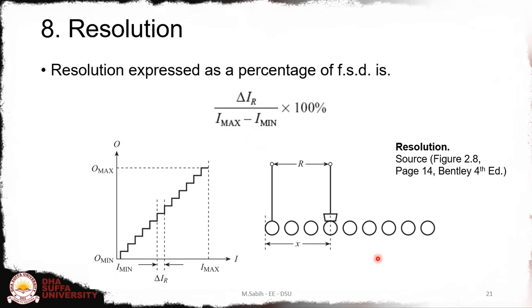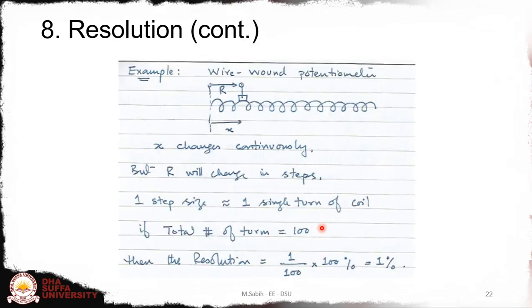So here you see an example of a potentiometer, in which the wiper will move. We can see easily that there is a gap between these wires, and this defines the resolution of this potentiometer. Here I draw them on paper. For the potentiometer, x changes continuously, but the resistance will change in steps.